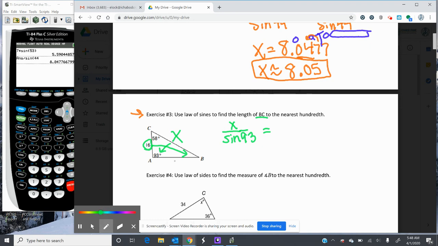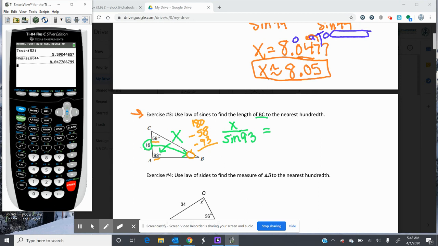So that's where we encounter our first little trouble spot. That angle we don't know yet, but we have the other 2 angles. So we can take 180 minus 58 minus 93 and find angle B here.